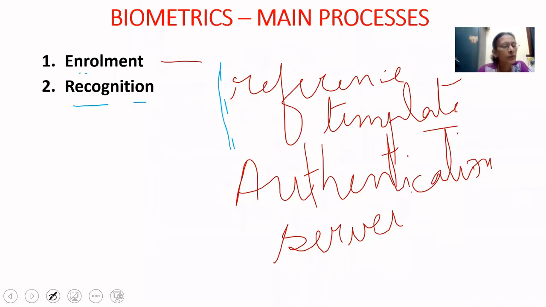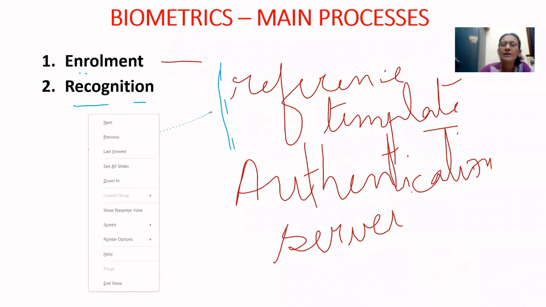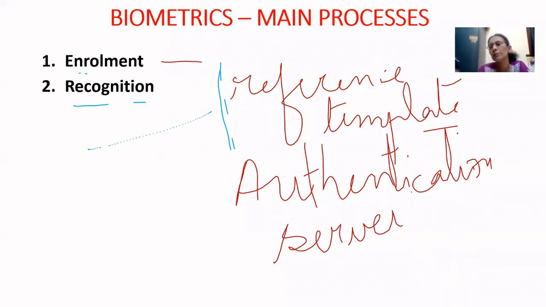That is, we check for a match between the sample taken now and the reference templates stored in the database. This phase is what is called recognition. So a biometric process mainly consists of two processes: the enrollment process and the recognition process.